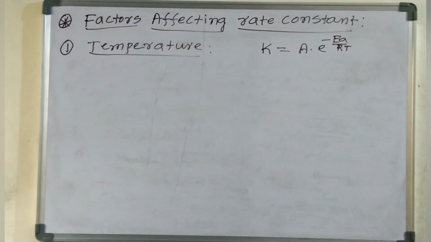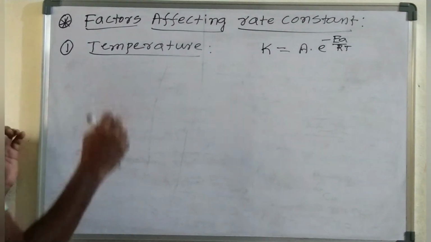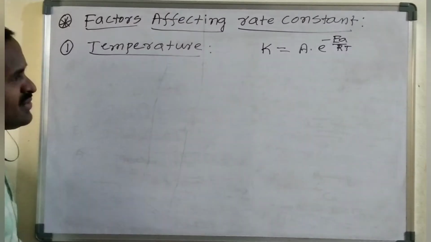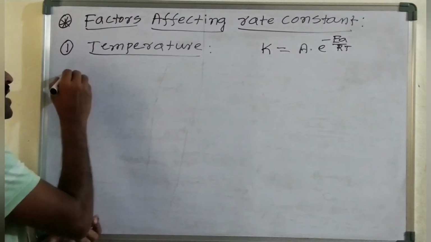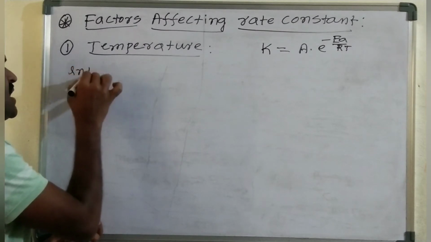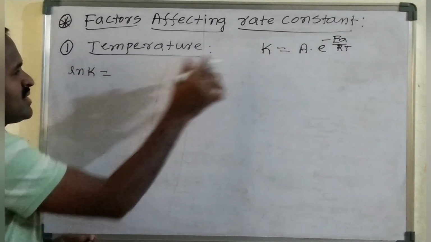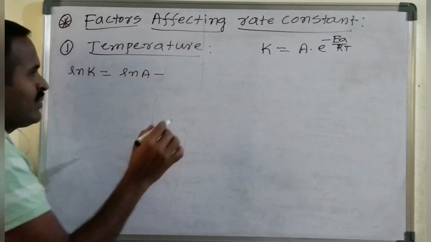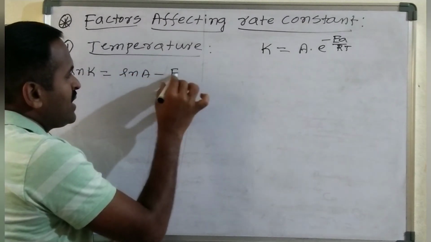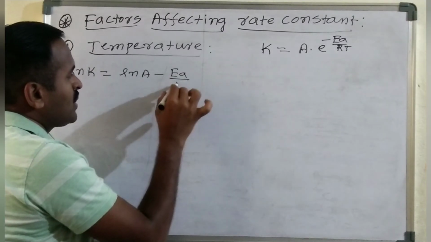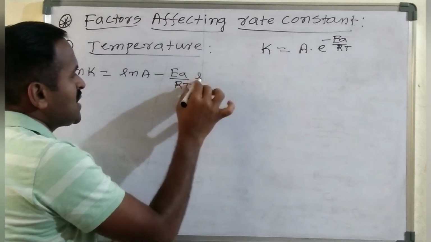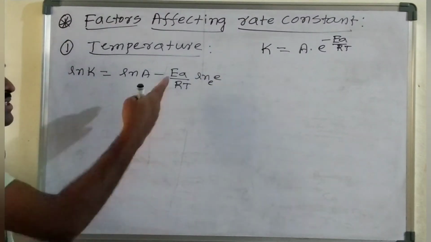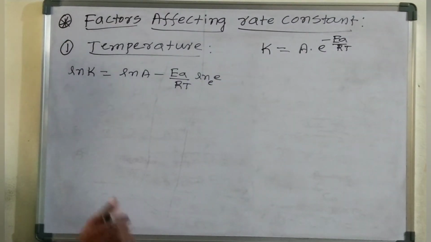Now, if we take the natural logarithm on both sides of the Arrhenius equation, I can write ln k = ln A - Ea/RT, since ln e is nothing but 1.